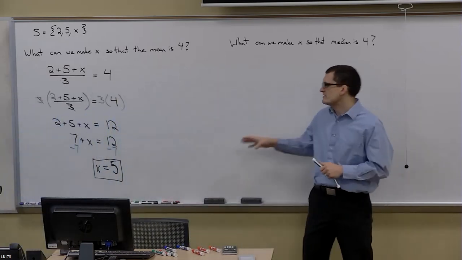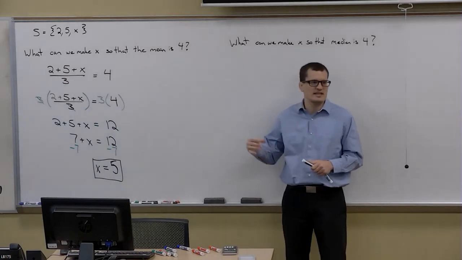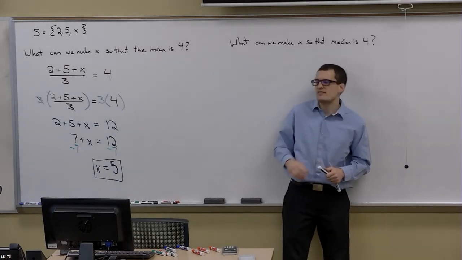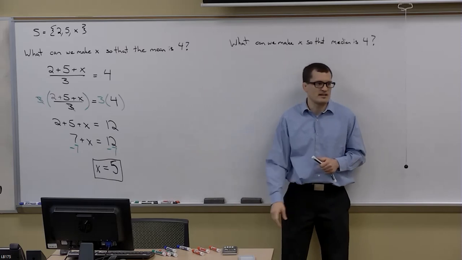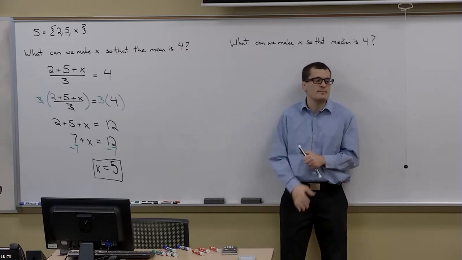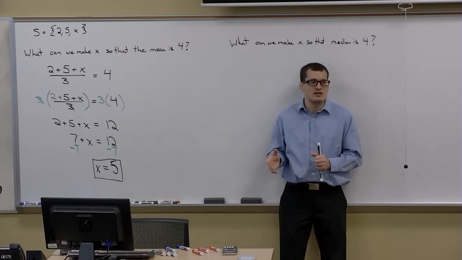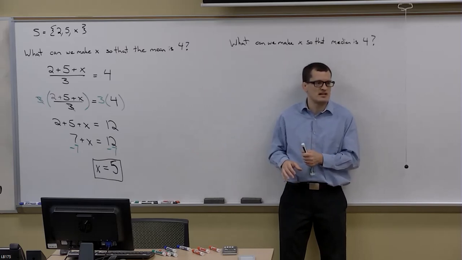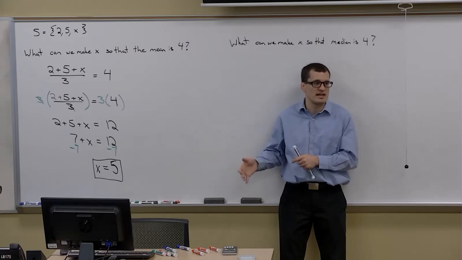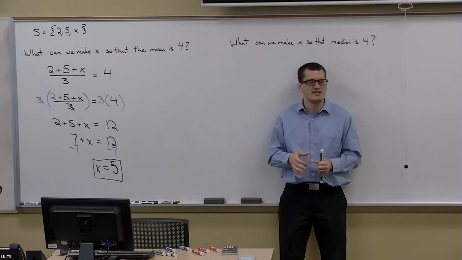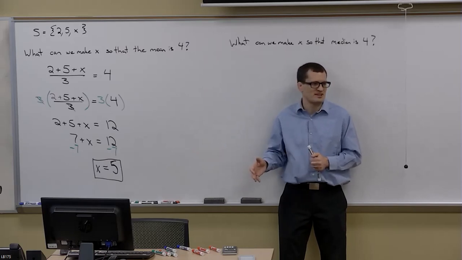By the way, this is a technique that you might think, well, when would I use that? Well, maybe at the end of the semester, you'll say, well, I want my grade to be 93%, so I get an A. What do I need to get on the final in order to get a 93% in the class, right?